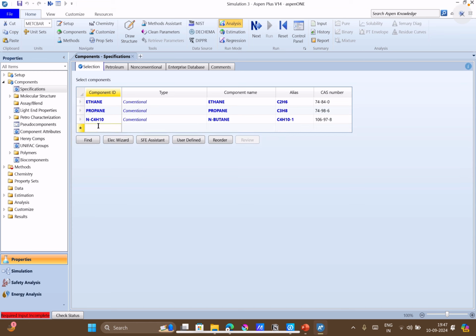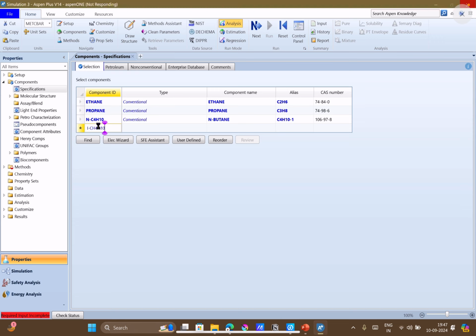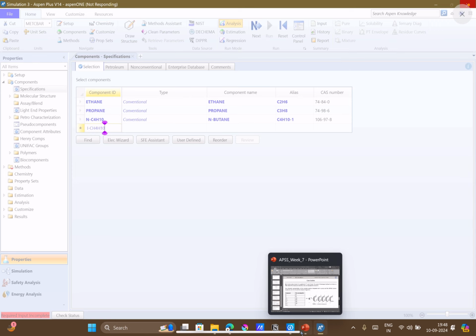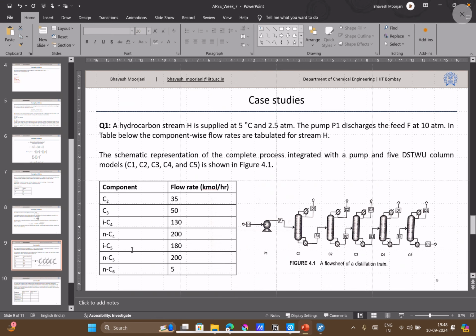Then we have isobutane. Then isopentane, N-pentane and N-hexane. Okay.